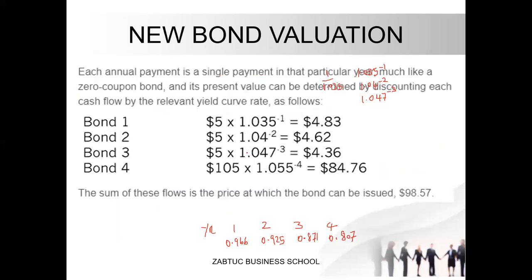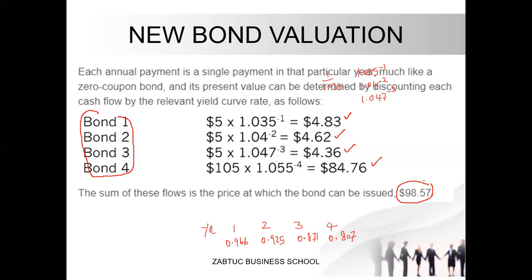Here we are. So that bond has been split into 4. Your coupon bond has been split into 4. And now you discount them, discount them, discount, and discount. The sum of these flows is the price at which the bond can be issued, 98.57.